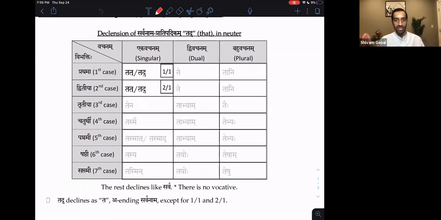Fifth case: tasmat, tabhyam, tebhyah. Sixth case: tasya, tayoho, tesham. 7th: tasmin, tayoho, teshu. Okay, but there's no sambodhana, calling out, for tad-śabdhaḥ.